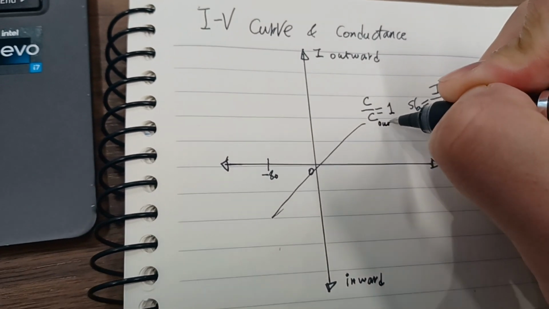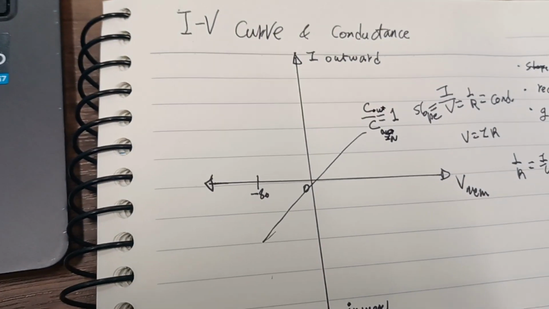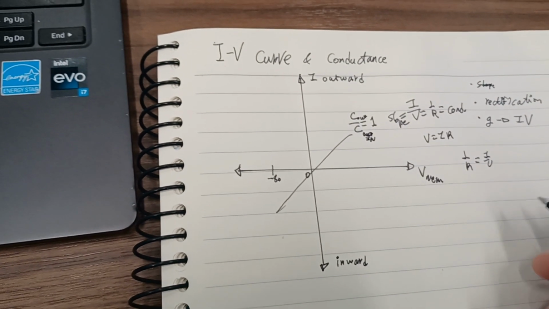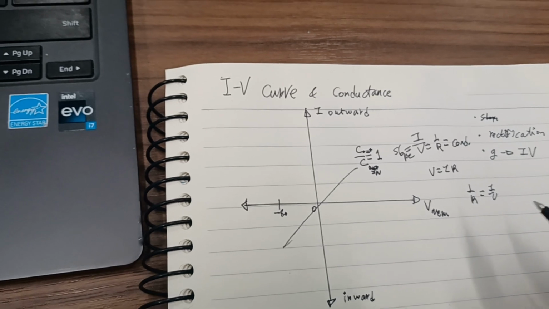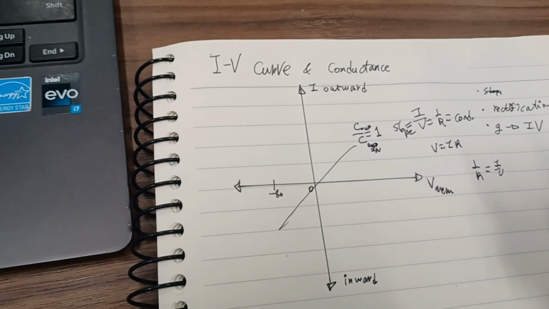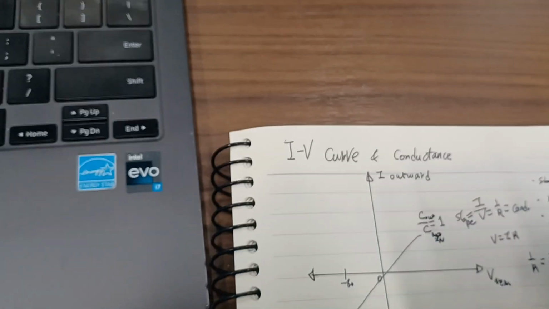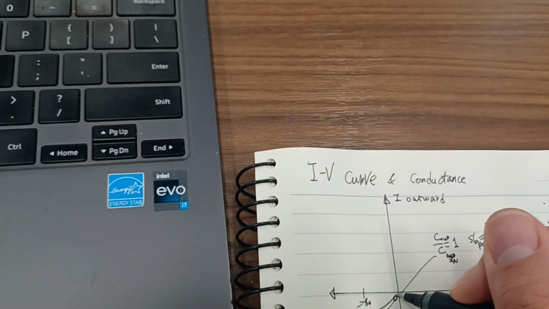Actually this is supposed to be in, out. But in the case where it isn't, so for a K plus channel, the potassium channel, it has an outward rectification, something that kind of goes like that.